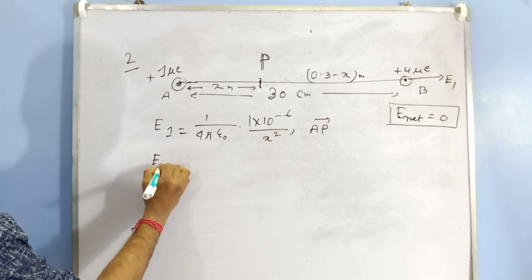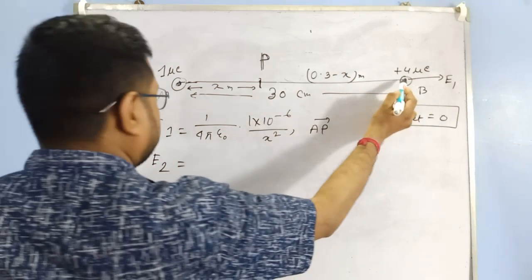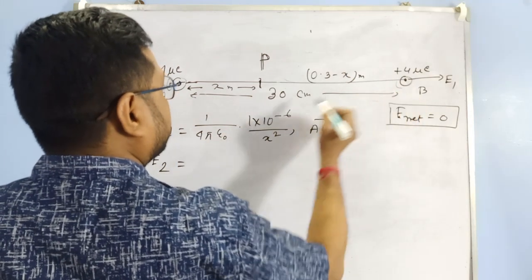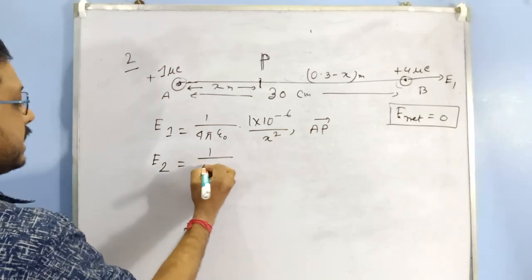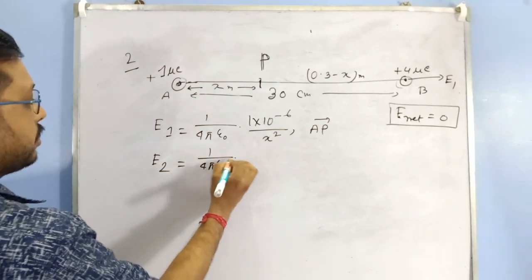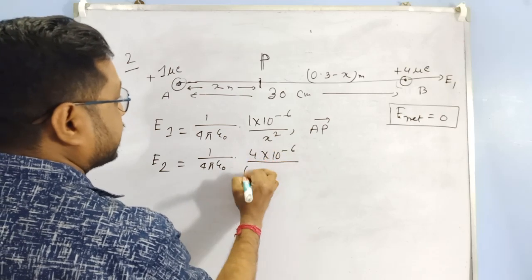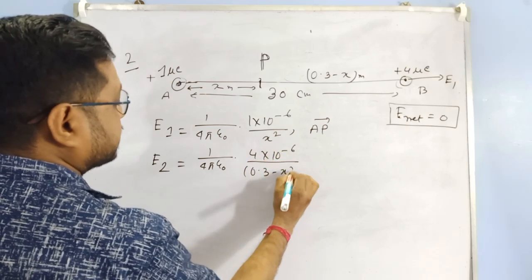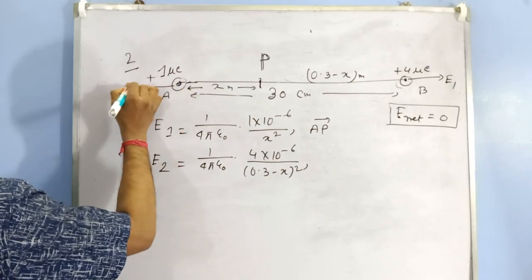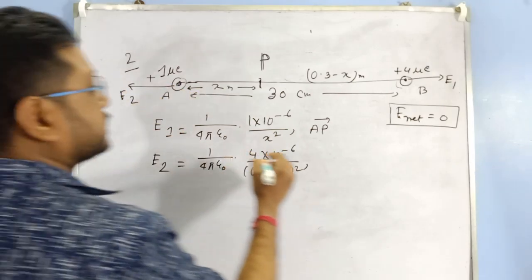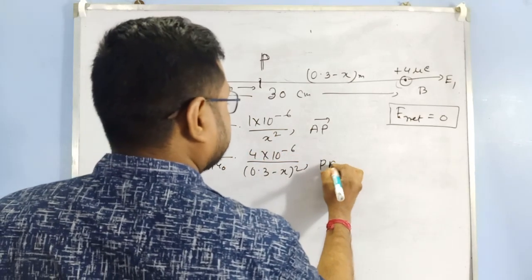The electric field due to plus 4 microcoulomb is 1 by 4 pi epsilon naught, 4 into 10 to the power minus 6 divided by (0.3 minus x) square, which is opposite in direction to E1. That is, E2 is along the PA direction.